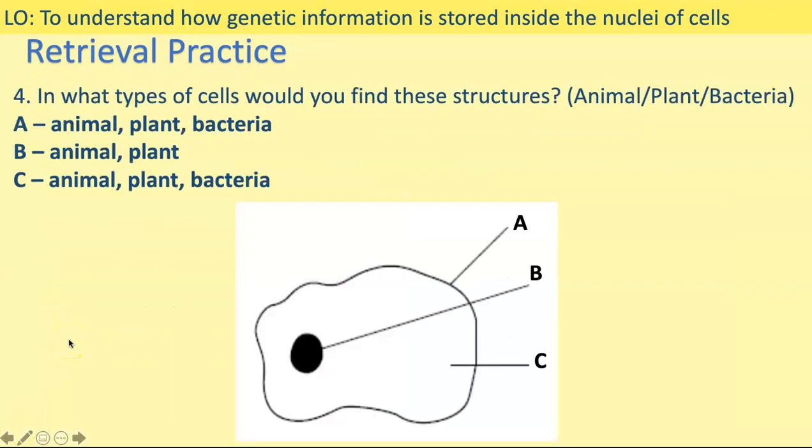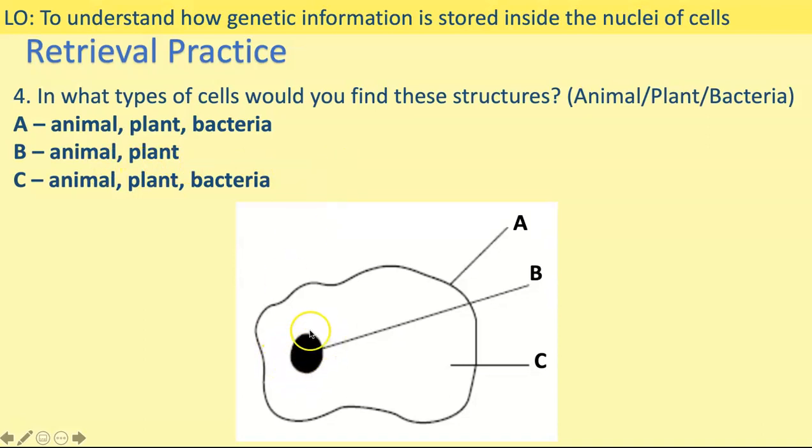Finally, question 4 asks us in which type of cells we would find these structures or organelles. We've learnt about these 3 types of cell here: animal, plant, and bacteria. We know that the cell membrane is found in all 3, so we'd have animal, plant, and bacteria for that one. The nucleus, however, is only found in animal and plant cells because they are eukaryotic cells. Remember, eukaryotic cells have a nucleus, like you'd see here.